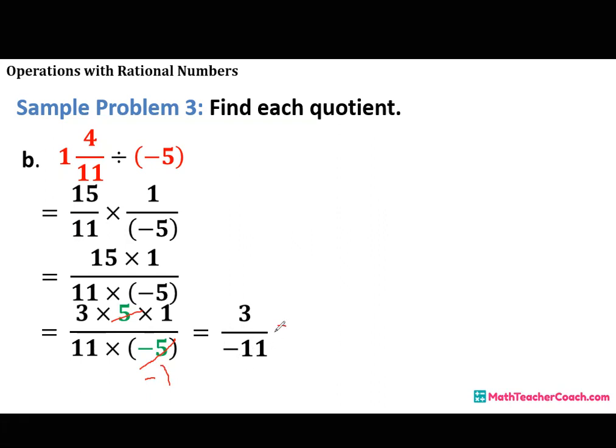We can transfer a negative from the denominator and put it outside like this, and then it will be 3 over 11. Okay, so this is how we are going to divide a mixed number and an integer.